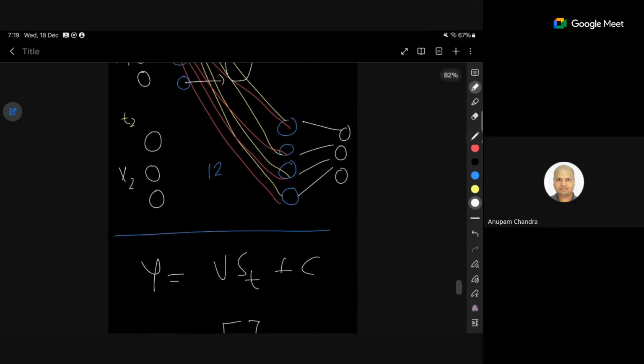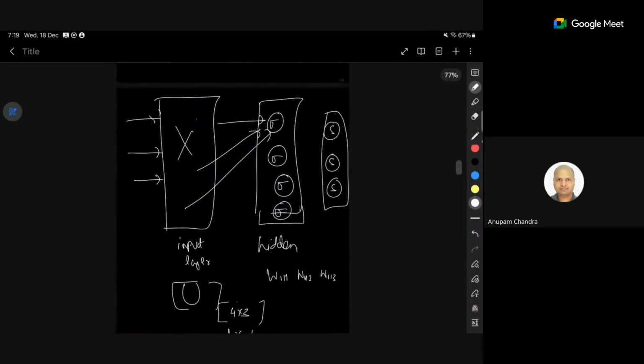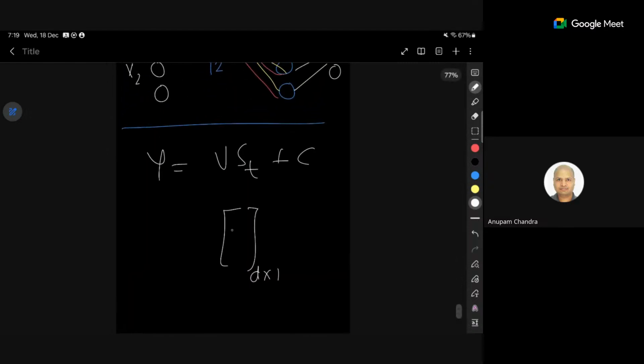If you can see here, each will give 1, which is D, and we'll apply sigmoid over that, so it will not change any dimension, right? So we'll have D cross 1 ST, and we wanted to multiply something with it, right?